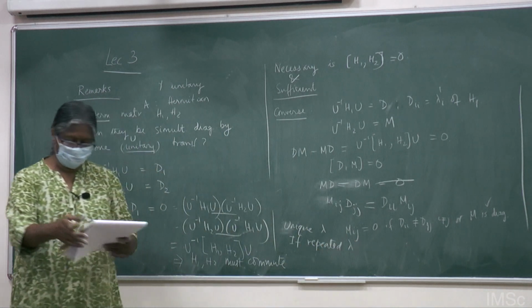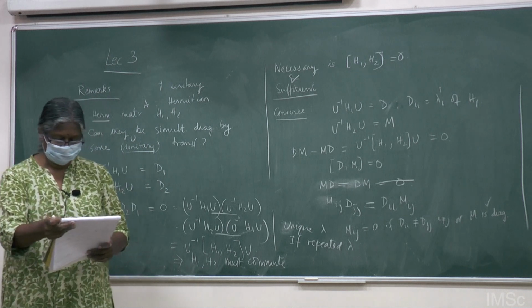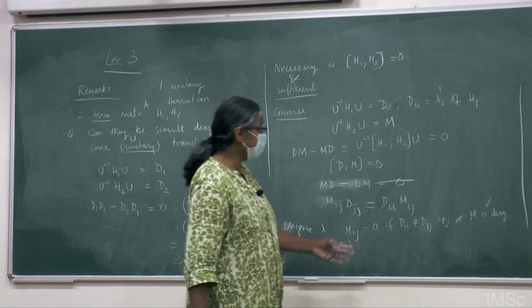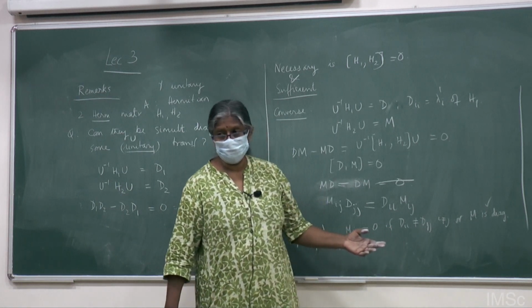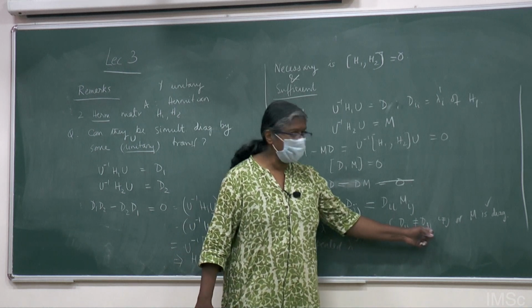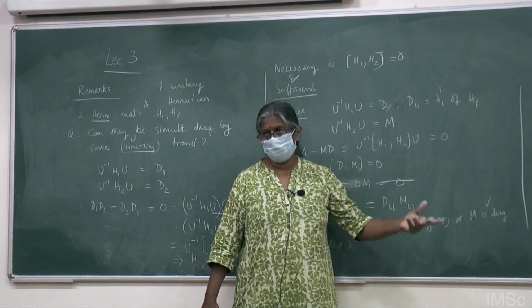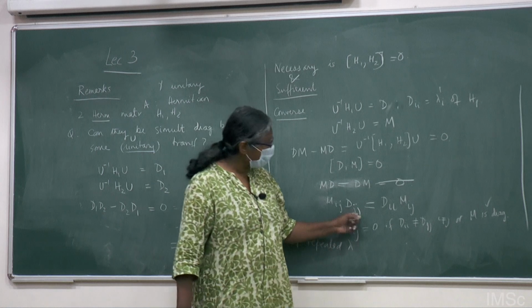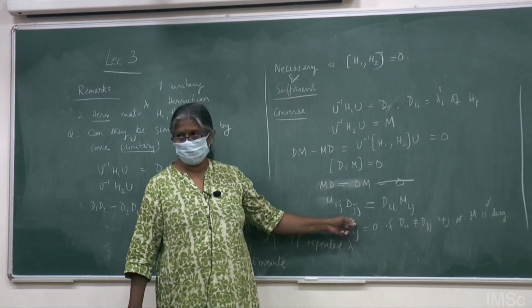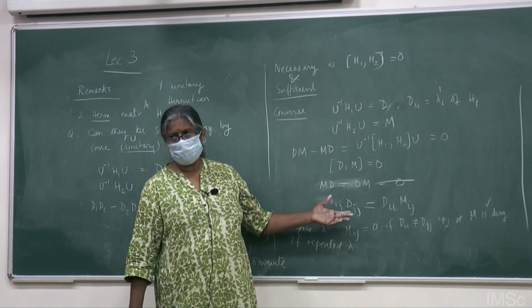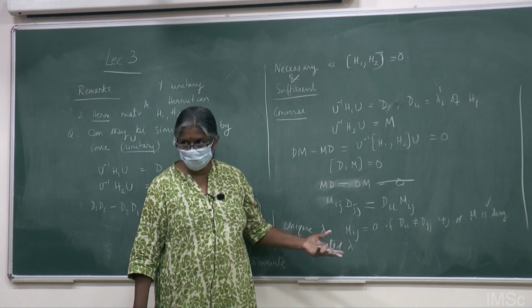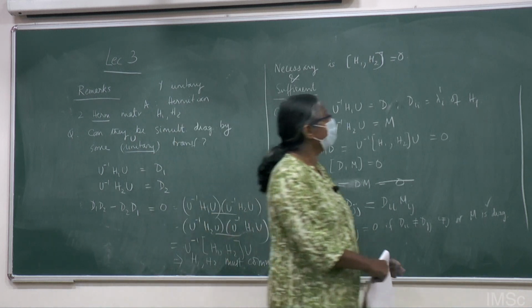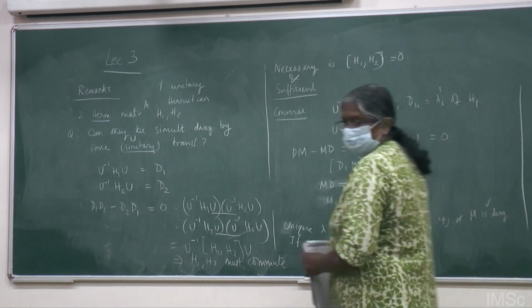then what will happen? Let us say there are 3 lambdas which repeat, then there will be i, j, k, 3 values, let us say 1, 2 and 3, for which dii and djj are the same. In that case, for consistency Mij need not be 0, need not be diagonal.